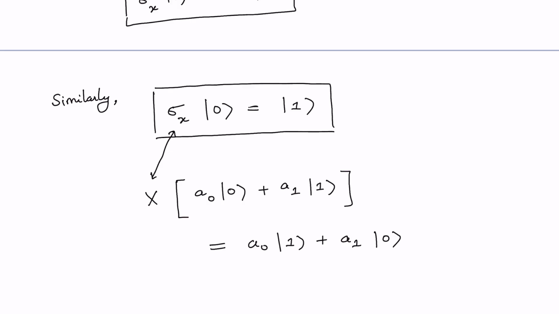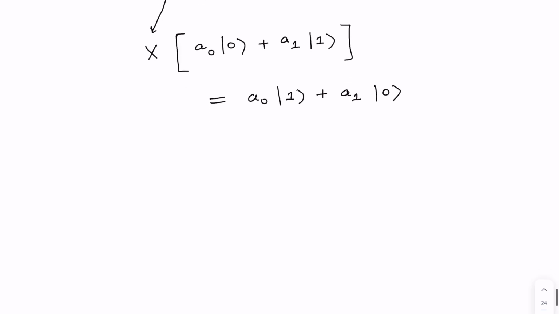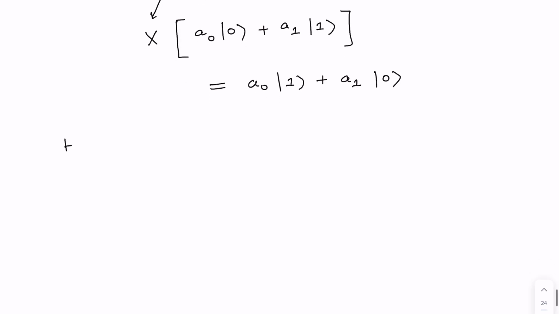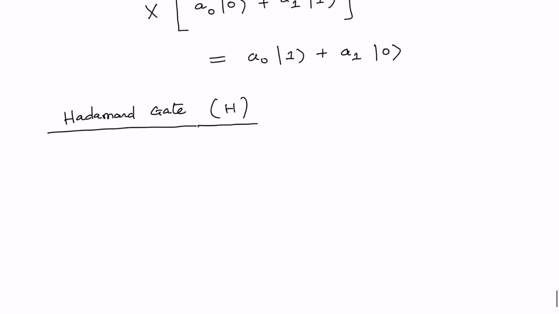Now let me talk about another important single gate operation, the Hadamard gate operation, represented by the symbol H. Don't get confused with the Hamiltonian. It is defined as follows.